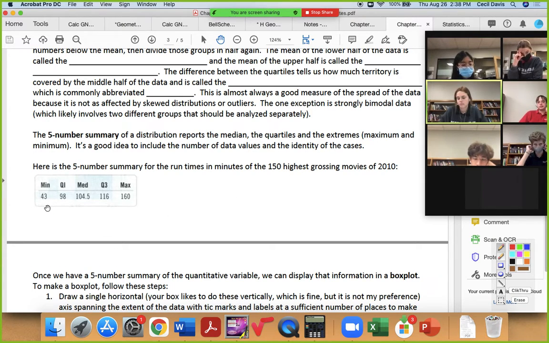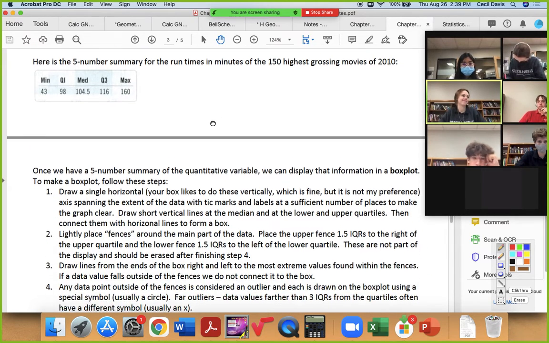Of those, the minimum was 43 minutes. That's incredibly short. The maximum was 160, that's 2 hours, 40 minutes. That's like Lord of the Rings territory there. And the median is about 1 hour and 45 minutes. I usually think if a movie is shorter than 90 minutes, then it's not really a full-length movie. That's just in my own head. And that would put it in the bottom quartile.